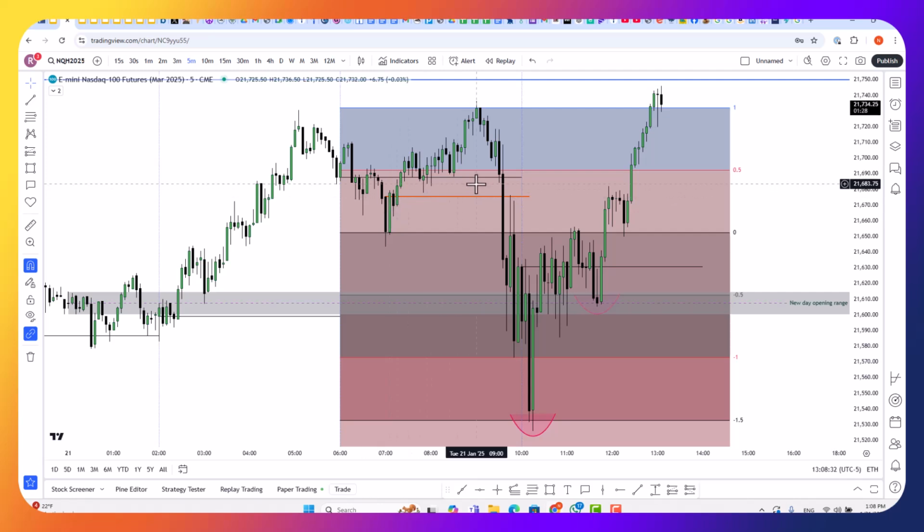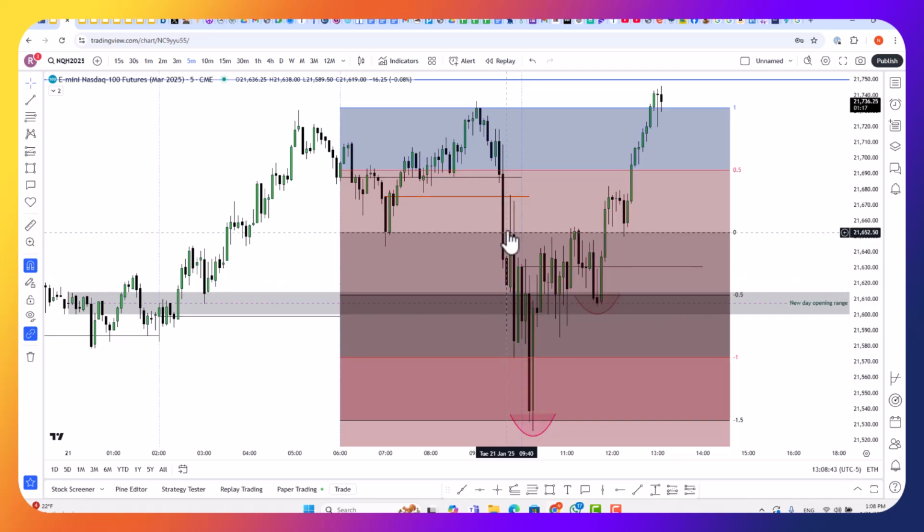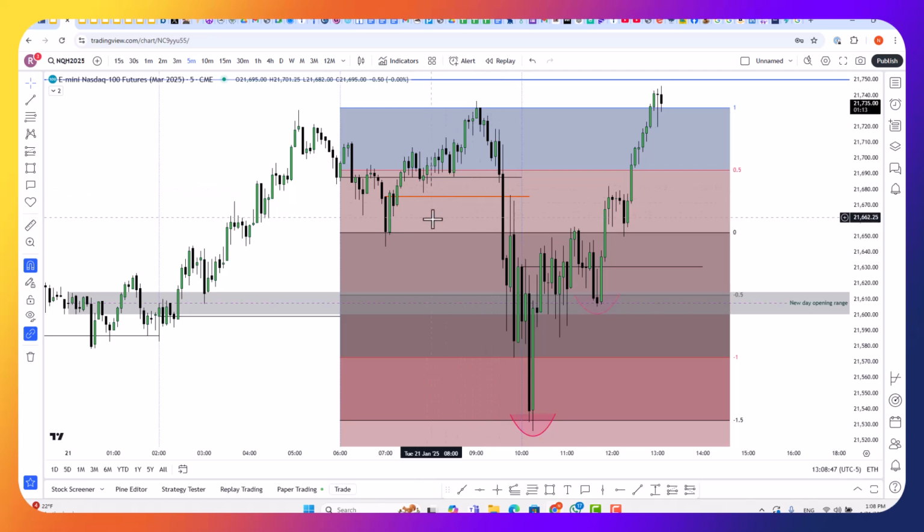Right here, after running this sell side liquidity, or getting close to the sell side liquidity here, price will retrace back up inside of this range. If you don't know, you would probably consider this, oh, this is a CB, right? So this CB maybe is going to fill, maybe it's not going to fill, we don't do that.